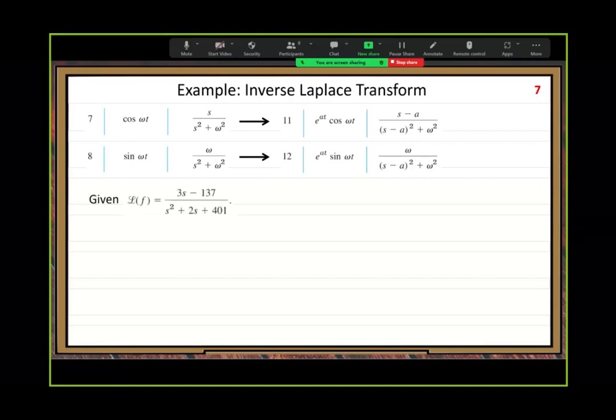Now, an example. Here the question is this: actually, we calculate an inverse. It is known that the Laplace transform of f equals this fractional expression. Now we want to calculate the original function f.